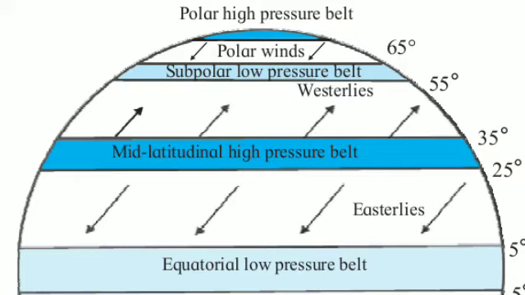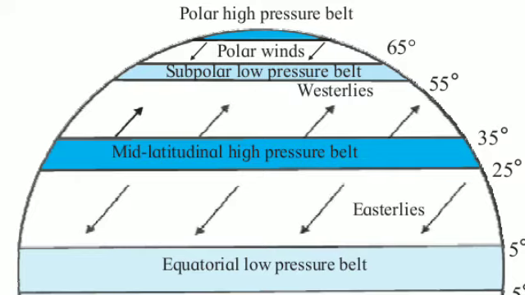Because of lesser friction on the air and because of the Earth's rotation in a particular region, the air has been thrown out. Now all the air has been thrown out. So the belt formed over here is the subpolar low pressure belt.